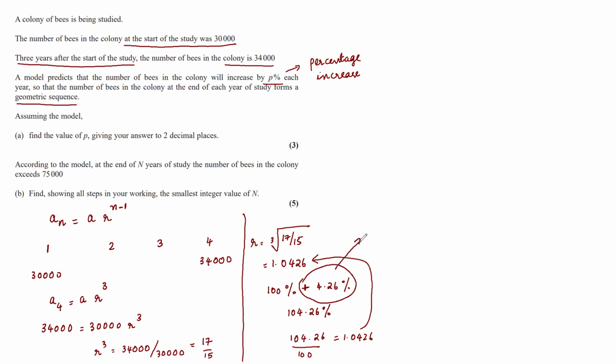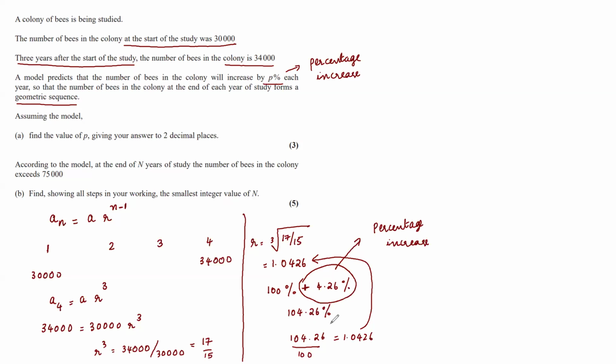So this is what the question is all about, percentage increase. Percentage increase in this case will be 4.26. As I said, the question was to find the percentage increase. In order to find the percentage increase, we have to find out what the common ratio is. Common ratio was 1.0426. That is basically 100 plus 4.26 percent.